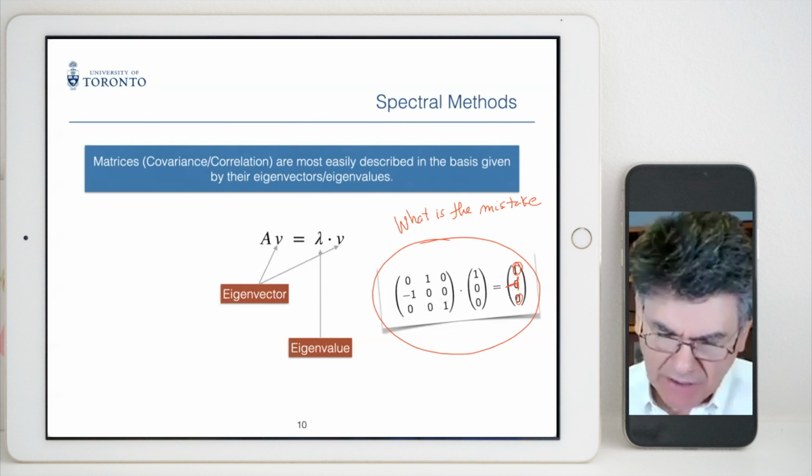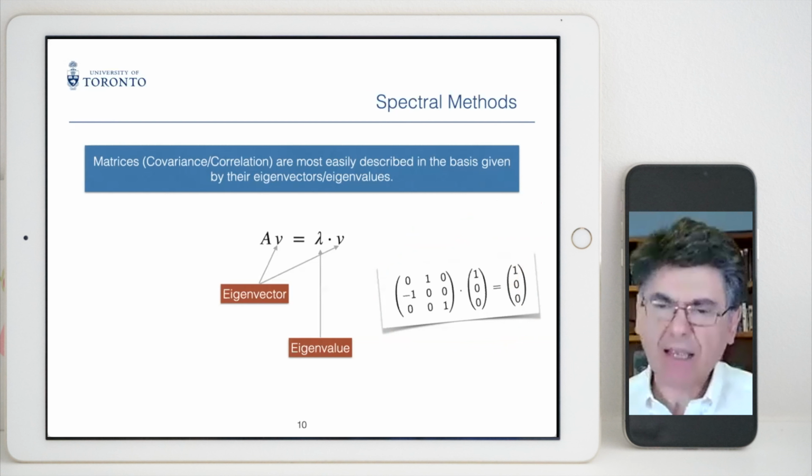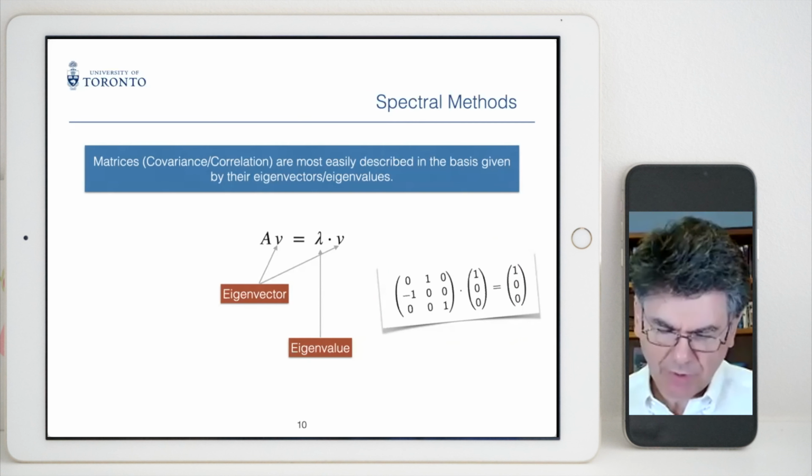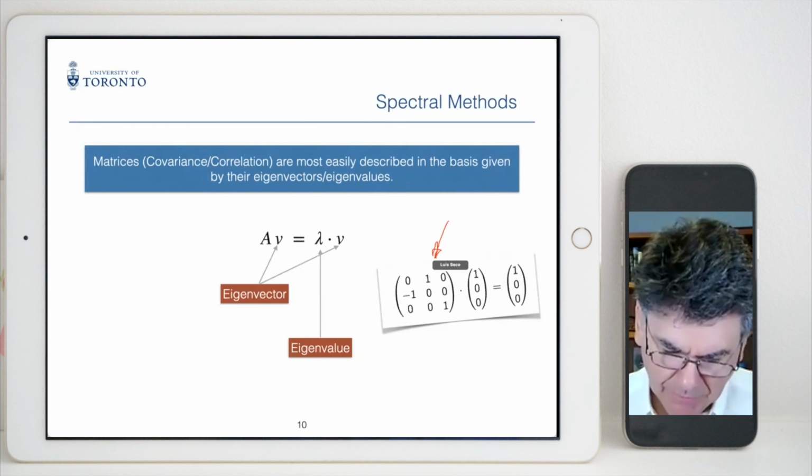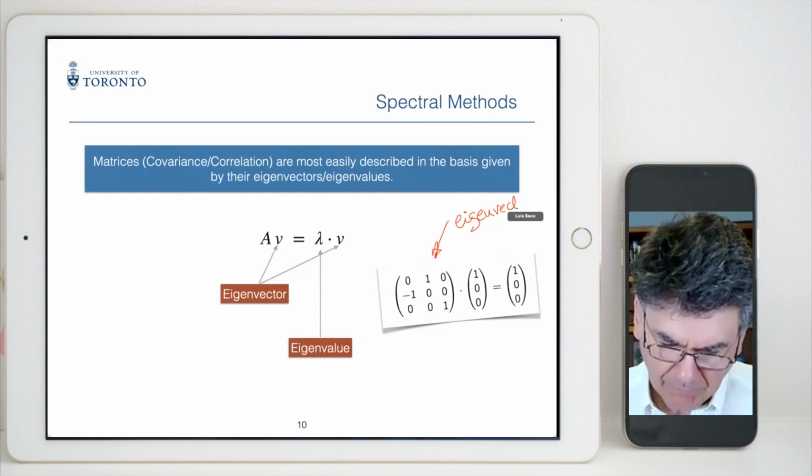So let me ask you another question. What is the eigenvector for this matrix? What is it?